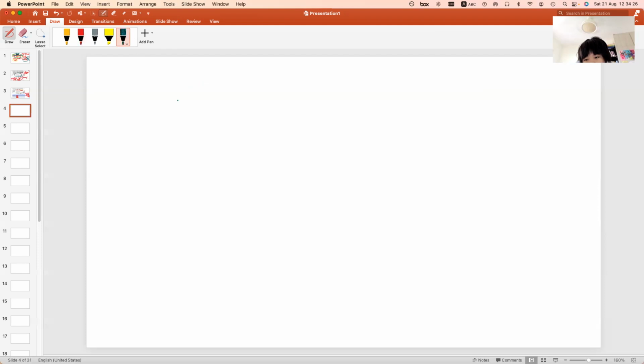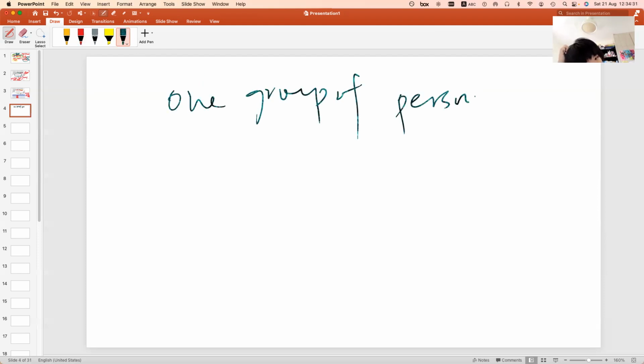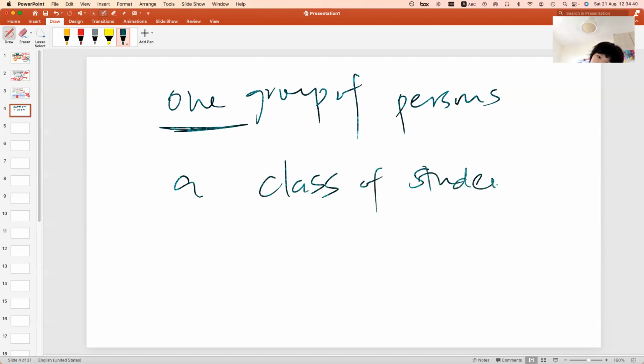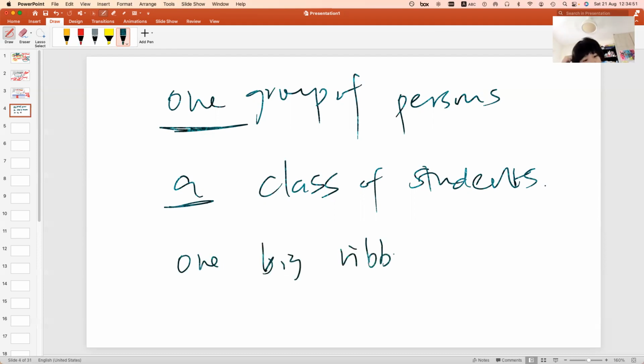So whenever you see, like, let's say I have a group of persons, it can be a class of students, or one big ribbon. All these words should trigger you to think of the each number total method.